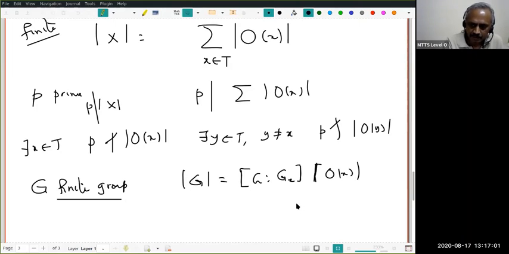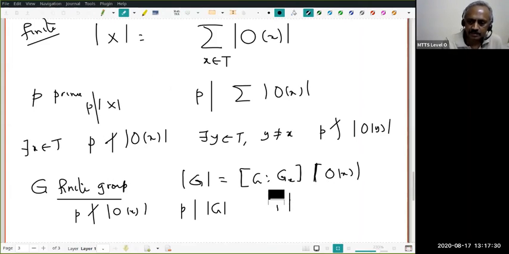Now suppose P does not divide the number of elements in the orbit. Then what does it mean? Suppose P also divides mod G, but P does not divide the orbit. Sorry, not the index, I'm sorry. This is equal to the orbit, and therefore this is the modulus of Gx.